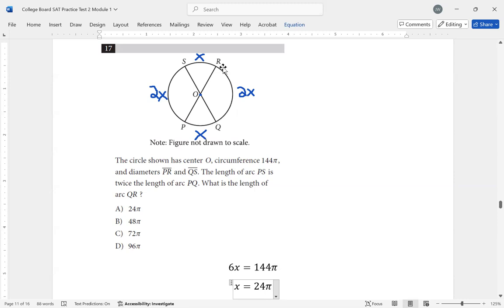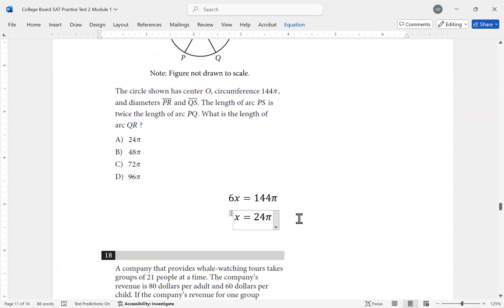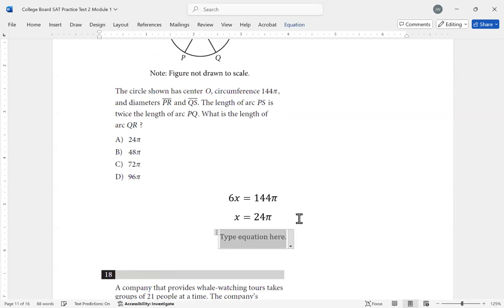So QR has length 2x, which is going to be 48 pi. So that's what we would do. Let me clear the drawings here and scoot this down. So the length of QR is going to be equal to 2x, which is equal to 48 pi. And that's the answer. 48 pi, or B, is the final answer.